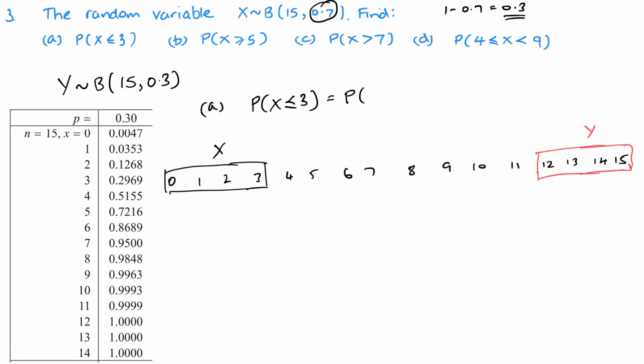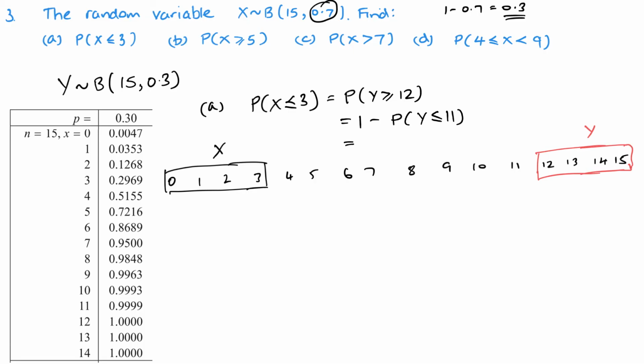So the equivalent value for Y, when x is less than or equal to 3, Y is greater than or equal to 12. And that's what's important there. I'm having the same number of values, but from the other end. So this is 1 minus the probability that Y is less than or equal to 11.